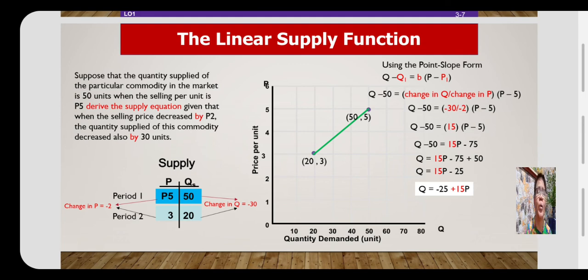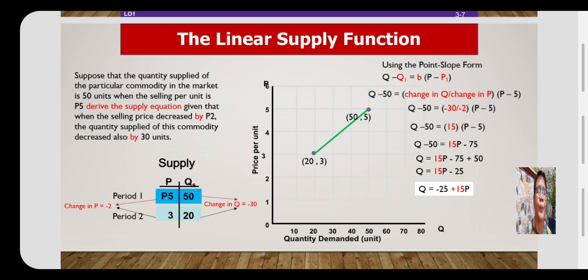The change in Q was stated as a decrease by 30 in terms of quantity supplied, and the price has decreased by 2 pesos, so the change in quantity is negative 30 and the change in price is negative 2 pesos. Both are negative because of the decrease. So since the numerator is negative and the denominator is also negative, we have positive 15.